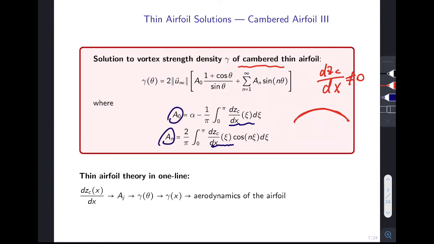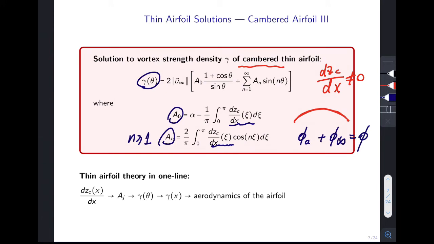You get a0 to an, then you get gamma theta, and remember gamma theta basically tells you phi a, right? Phi a plus phi infinity is the phi for the entire potential flow.